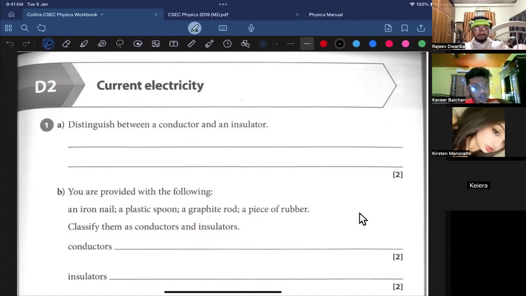A conductor blocks the current flow, and the insulator helps the current flow. Well, they don't help the current flow, it allows current to pass. Right? So a conductor allows current to flow.